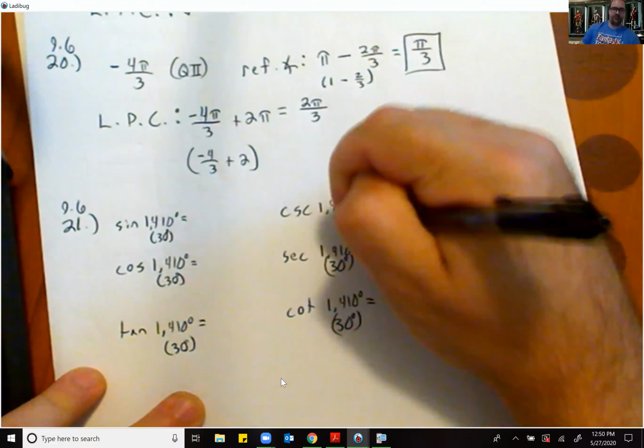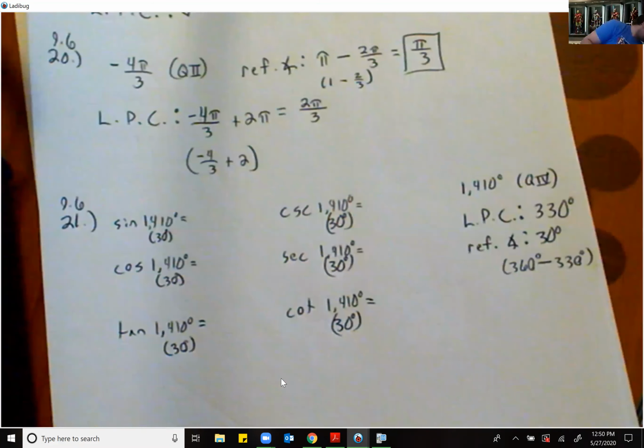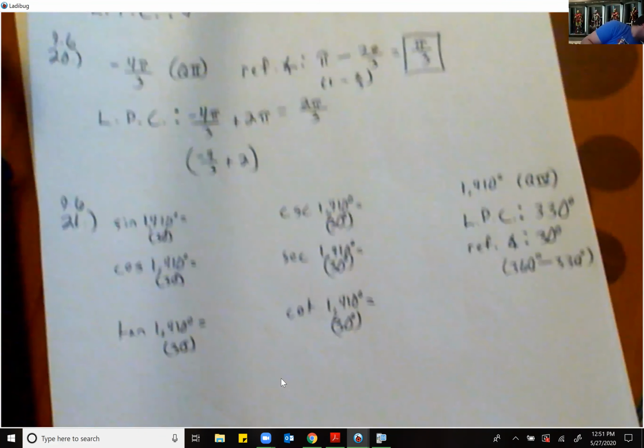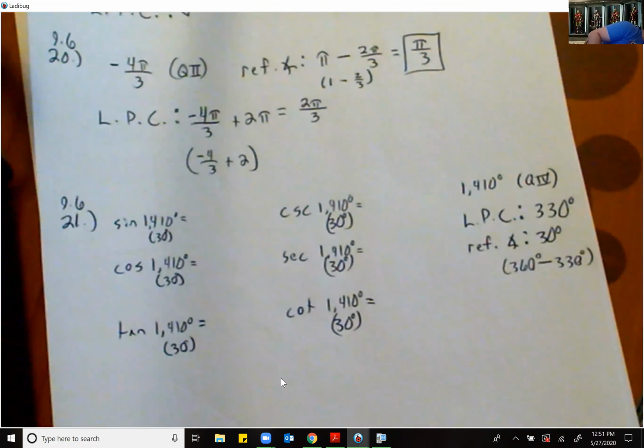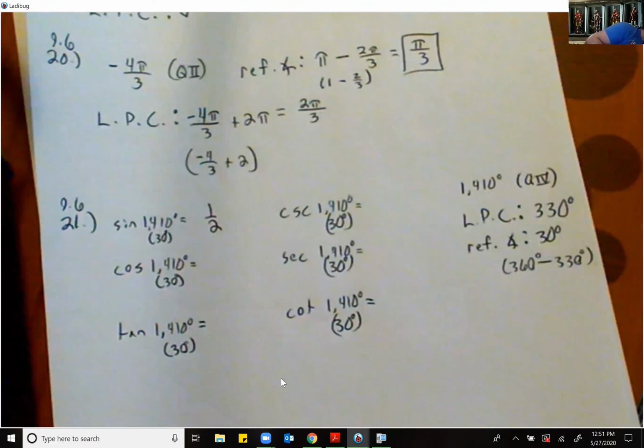Okay? So sine of 30 degrees is, what, a half? Sorry, I was looking at my sheet over here on the side. Cosine of 30 degrees is square root of 3 over 2.